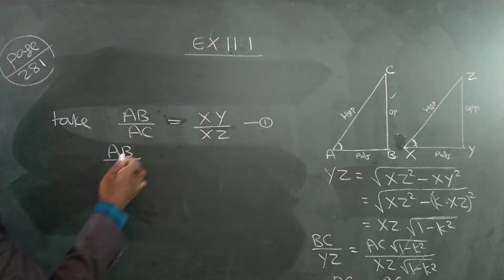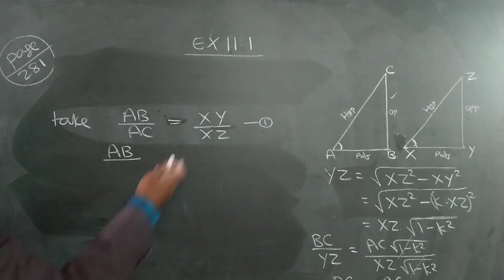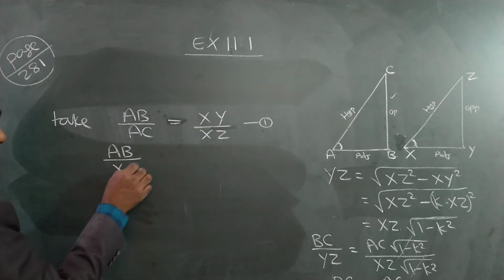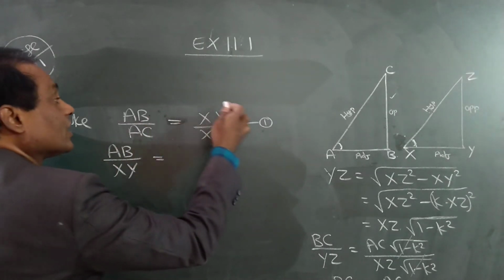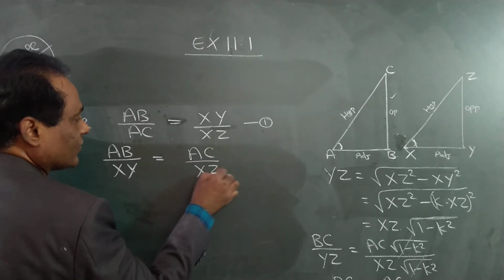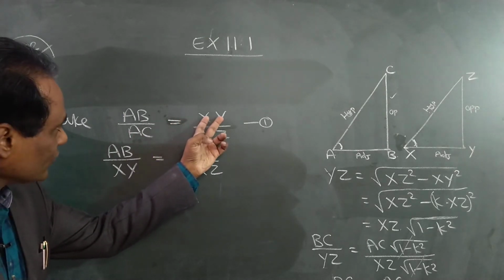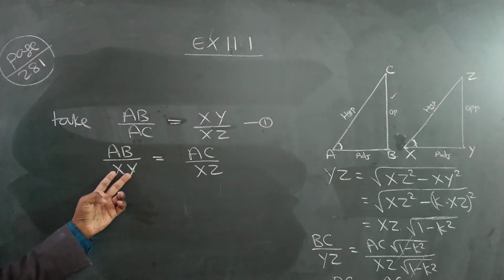Bring XY to this side, AC to the right side. XY is in the numerator. If you bring it to the left side, it will be in the denominator. This is in the denominator. If you take it to the right side, it will be in the numerator. Already the denominator is XZ. See here. AB, XY, take it to the left side. It is in the numerator, it will come to the denominator.